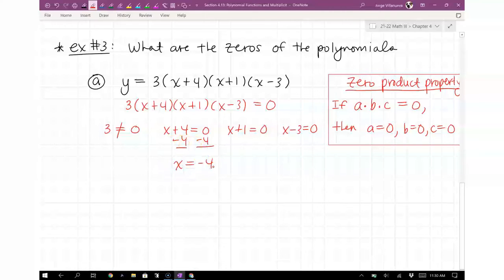What do I do on both sides for the x plus 1 equals 0? All right, so subtract 1. I get x equals negative 1. And for the last one, what do I do to both sides? Add 3. Notice these are pretty easy to solve, right? These are called one-step equations. So my answers are x equals negative 4, negative 1, and 3.